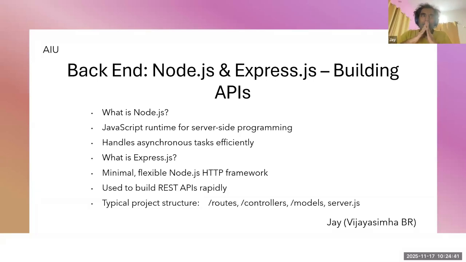Backend is where you have your Swagger and your API endpoints. So here, Node.js and Express.js. When we talk about any kind of technology, there's always an engine that runs everything. Even in the Angular sessions, if you remember, we would do something like npm install, node dash v, or npm run.